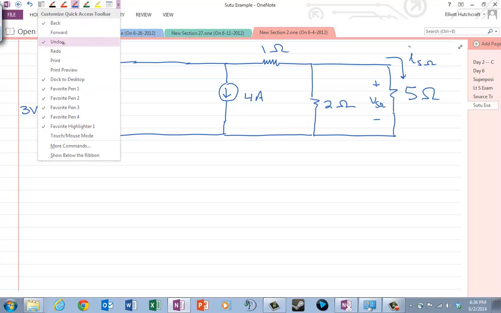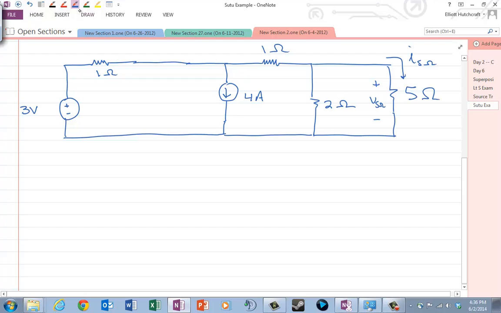So what I mean by that is I'm noticing right here that if I look at this particular setup and do a source transformation, I can call this terminal A, down here terminal B. If I use this source transformation technique that I just learned about, I'll get a current source in parallel with a resistor.